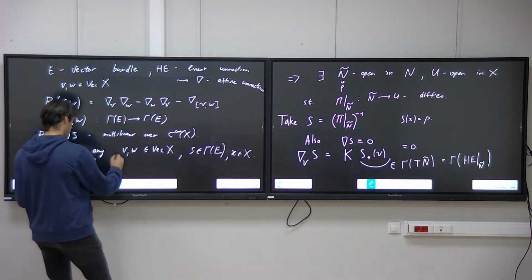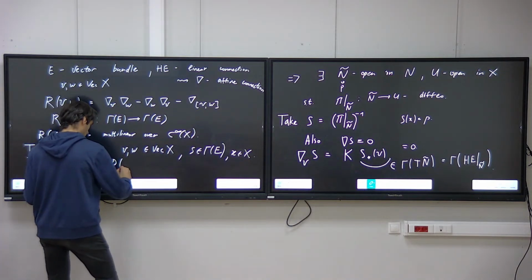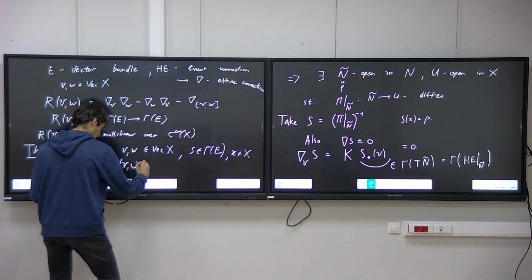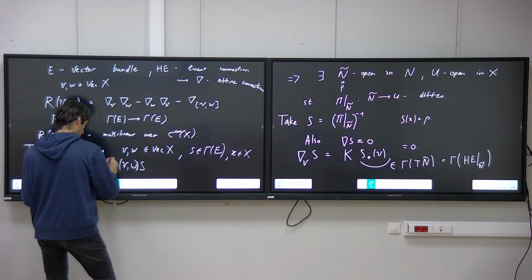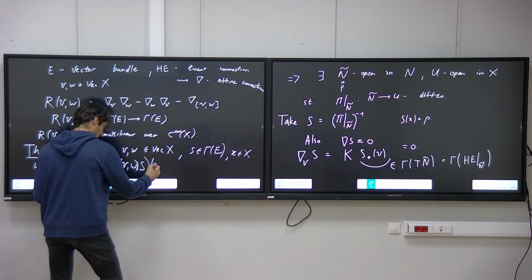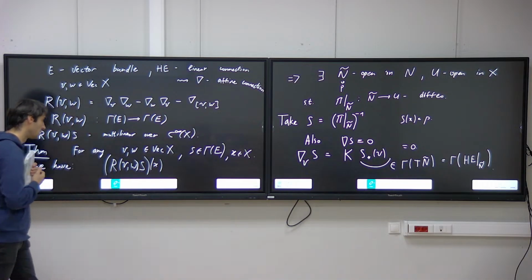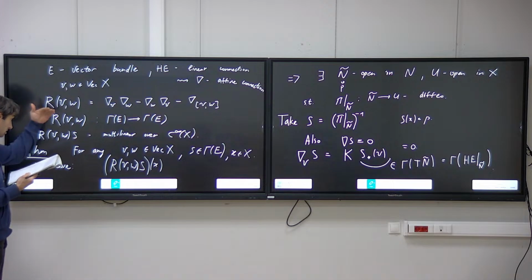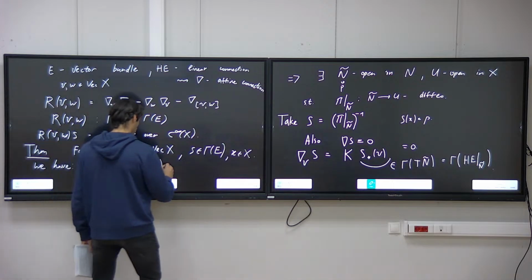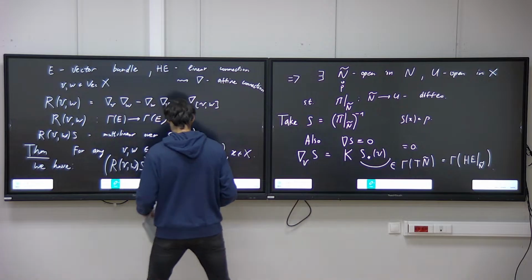So if we take R of V, W, S and evaluate it at the point X, this will be some point in E, right? I'm claiming that this can be computed as follows.